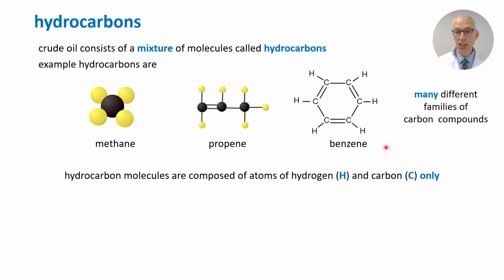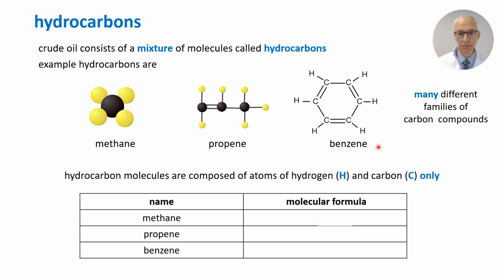Now at GCSE you meet just a few examples of the many families of carbon compounds that exist in the natural and man-made world. You'll meet alkanes and alkenes, but you won't meet benzene, which is a member of an A-level family or homologous series.